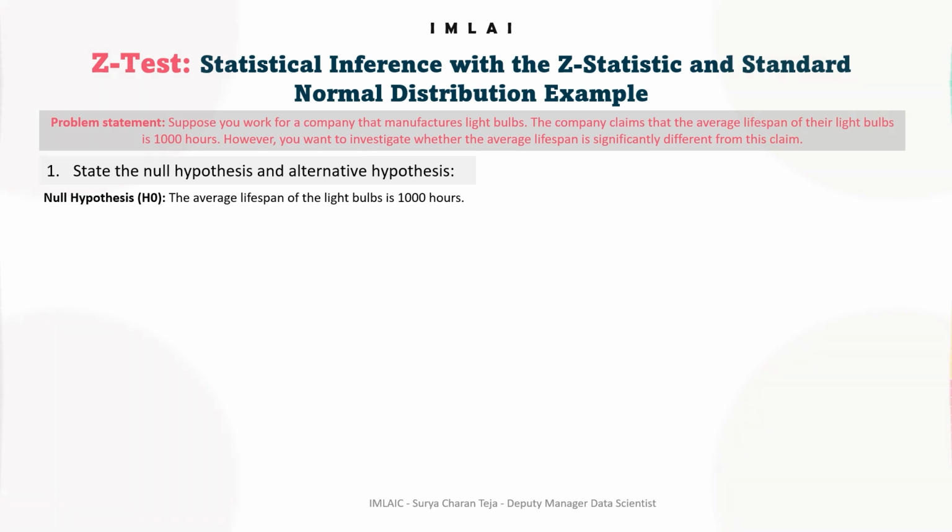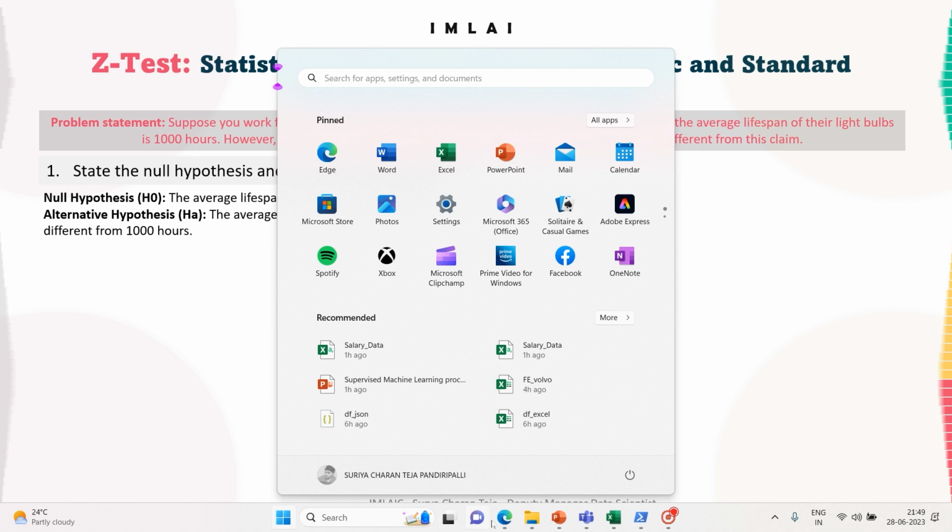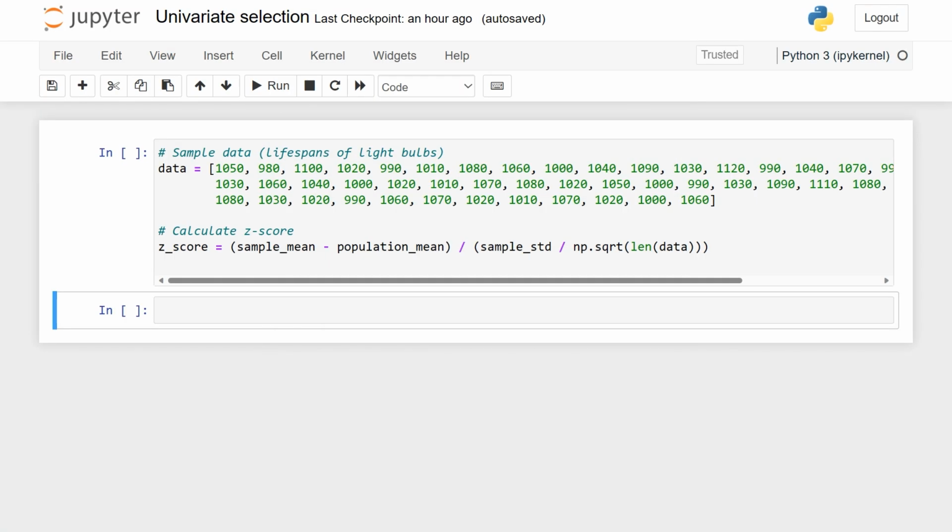The alternative hypothesis H sub A assumes that the average lifespan is different from 1000 hours. So this is the null hypothesis and alternate hypothesis that we have here. Let me write it down. So step one is to write down the null hypothesis and alternative hypothesis.